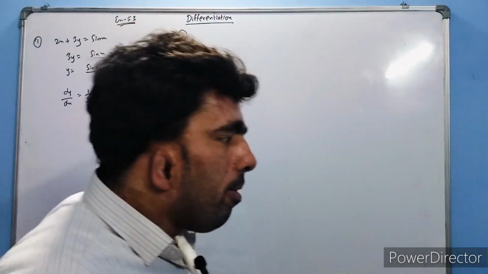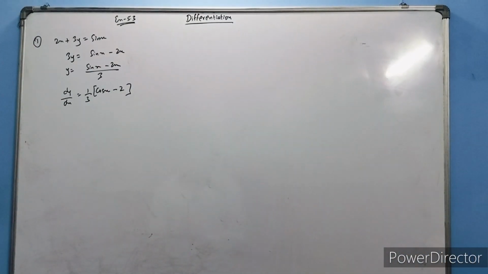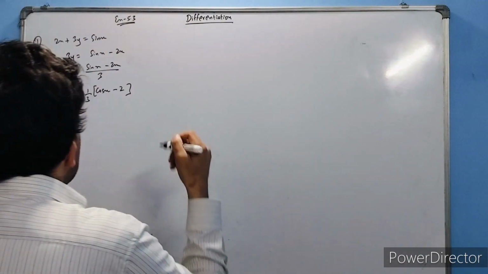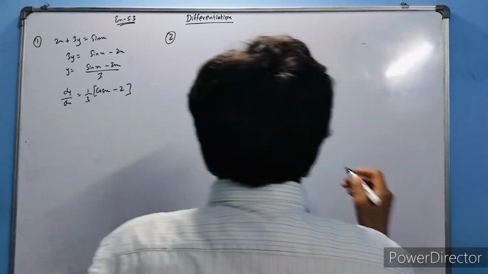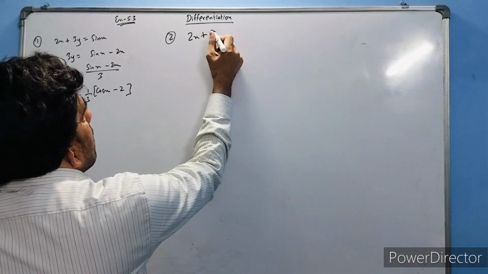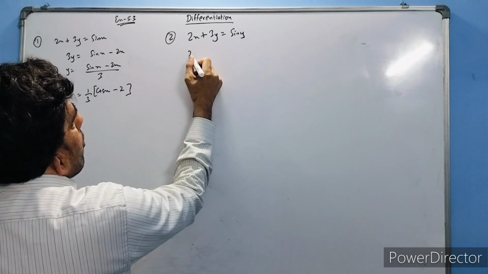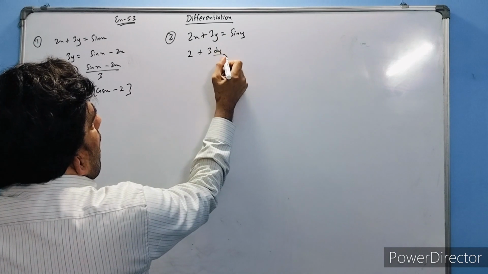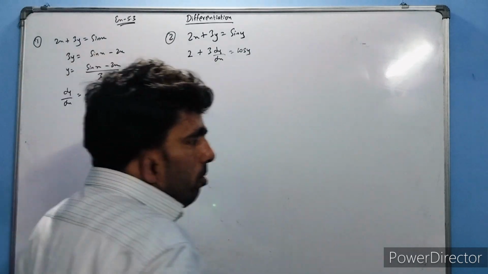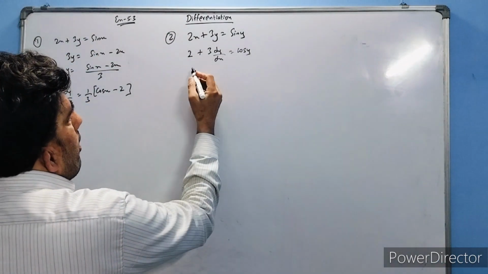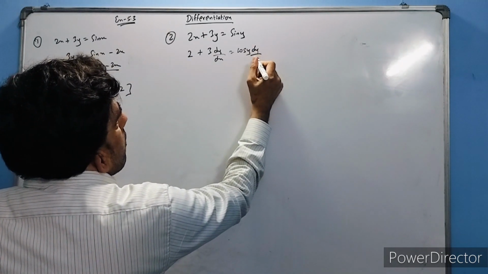The second question is 2x plus 3y is equal to sin y. If I differentiate it, I get 2 plus 3 dy upon dx is equal to cos y dy upon dx.